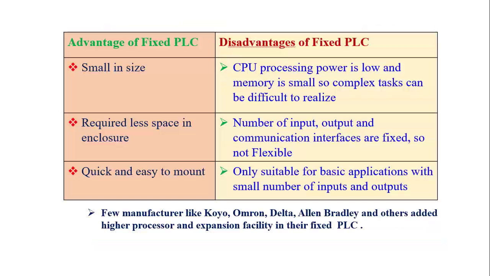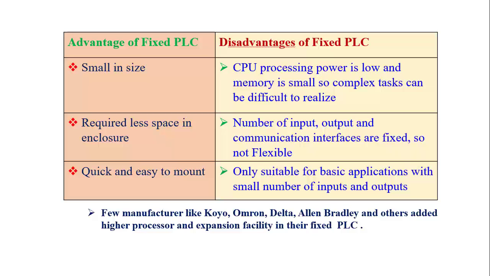Very quickly I am telling about the advantages and disadvantages of fixed PLC. Regarding advantages, it is very small in size, requires very little space, and is very quick and easy to mount. Regarding disadvantages, CPU processing power is low and memory is small, so complex tasks can be difficult to realize.